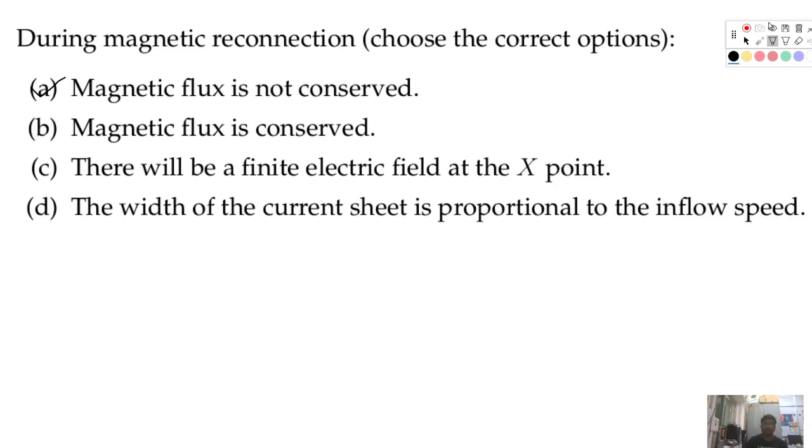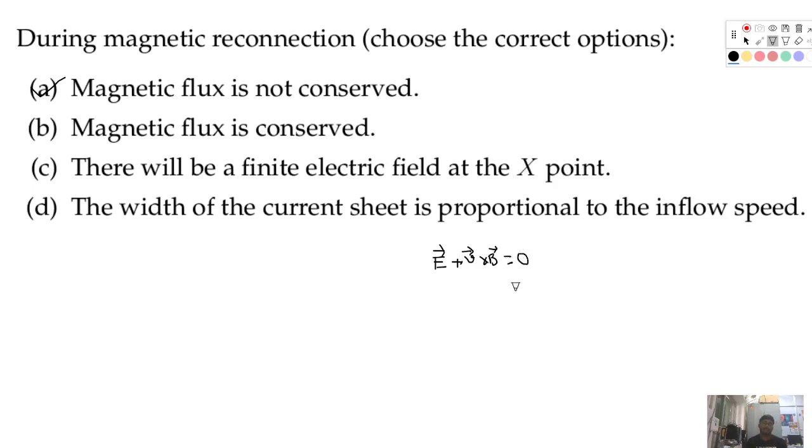So when we are writing the ideal MHD, what we find is that you have E plus v cross B, right? In ideal MHD, this equals 0.